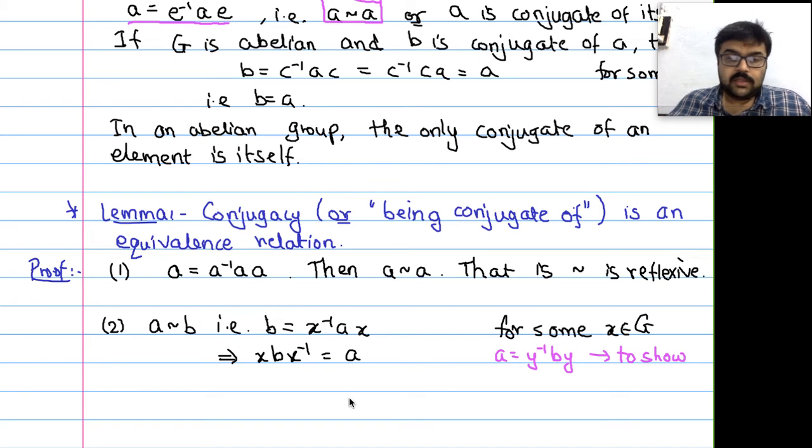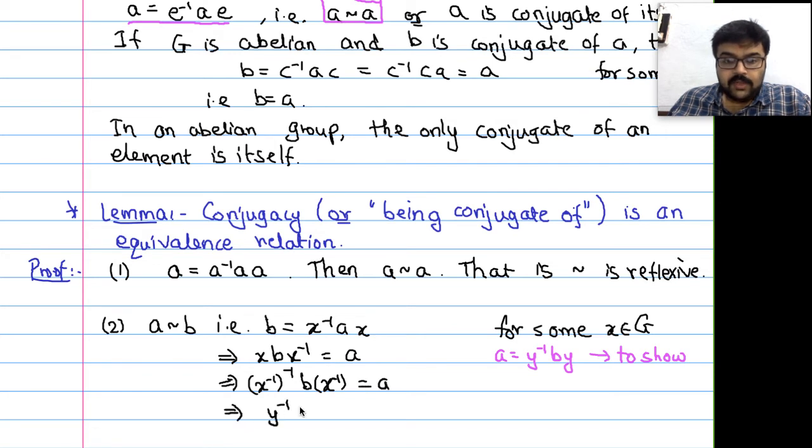So we have xb x inverse equals A. But then this we can write as x inverse inverse, and then b, and then x inverse, equals A. So that is y inverse b y equals A.